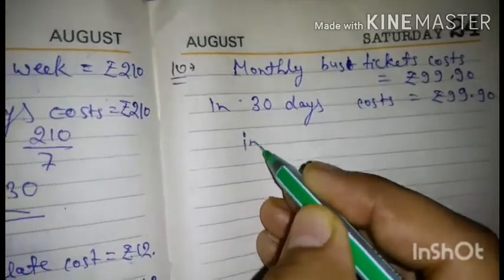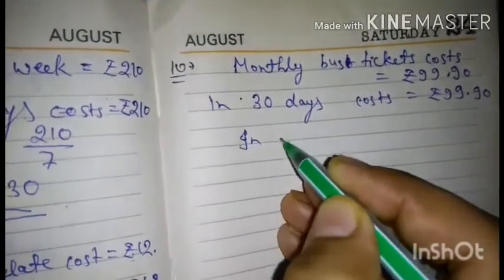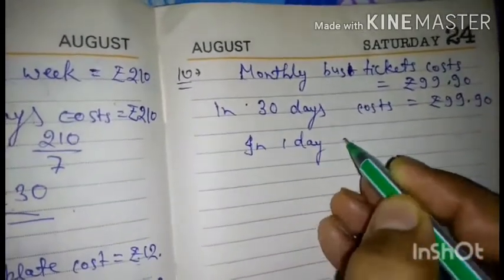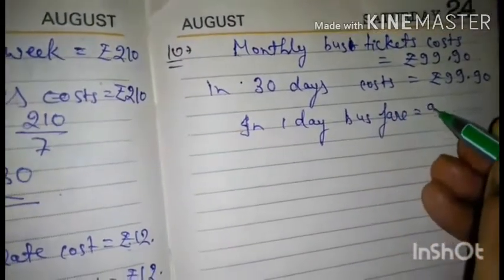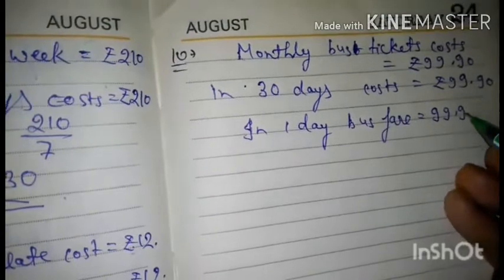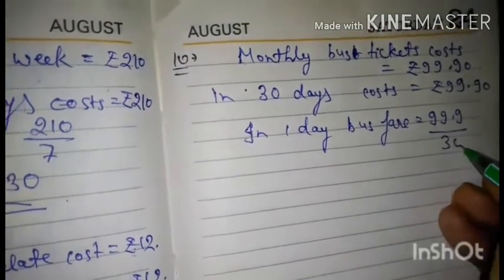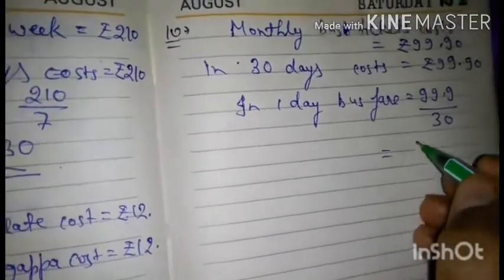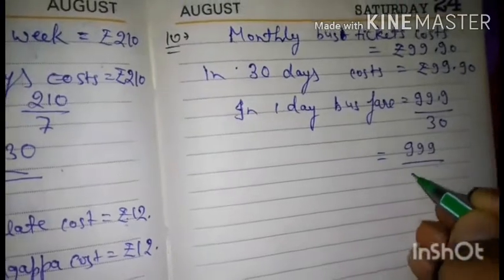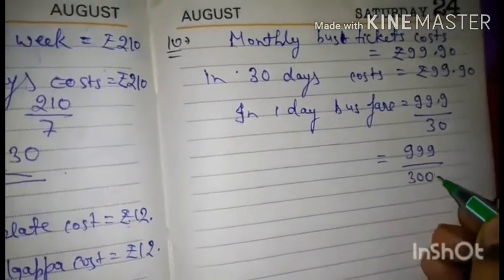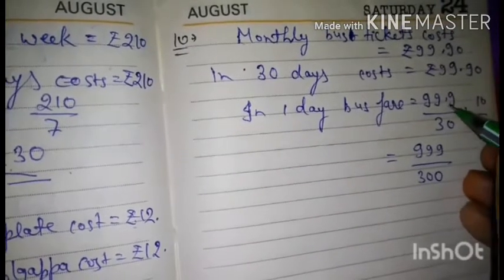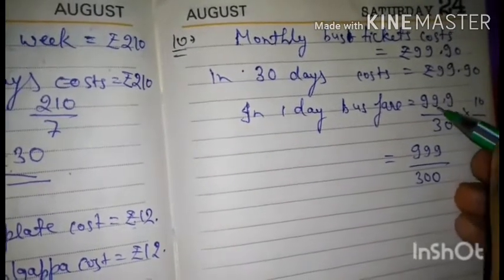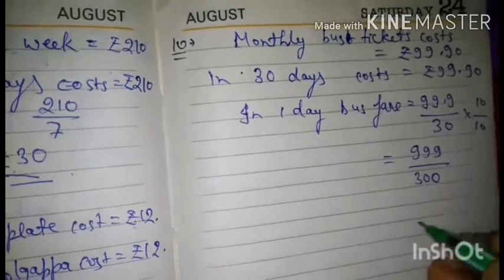So in one day, the bus fare is equal to 99.9 divided by 30. If you multiply by 10 for removing the decimal, 99.9 becomes 999, and 30 becomes 300.